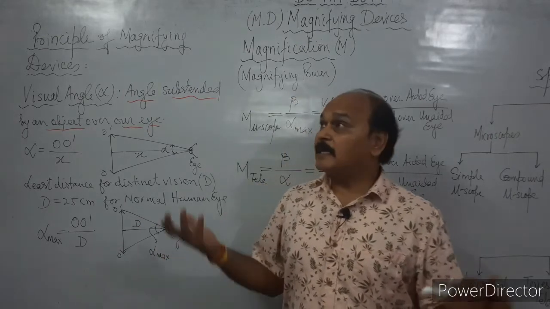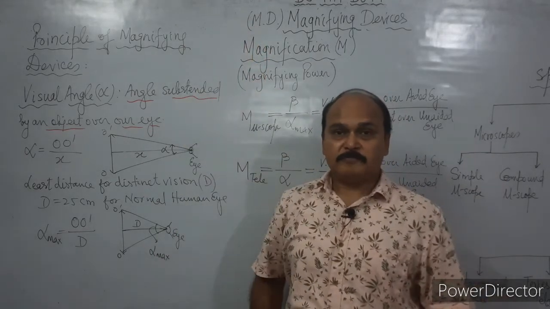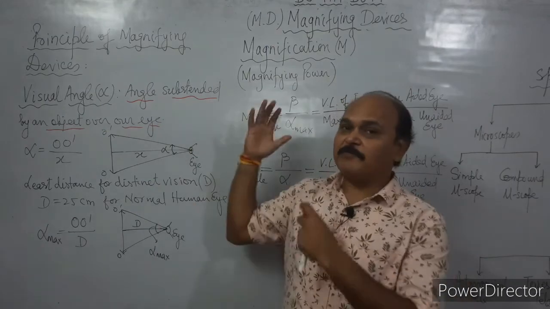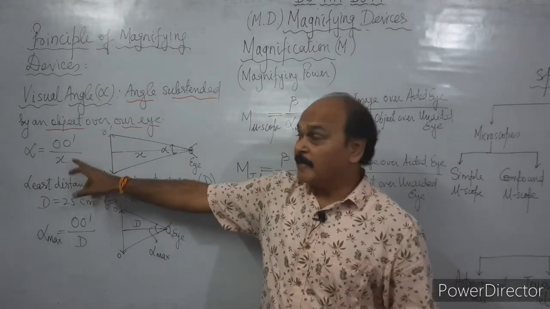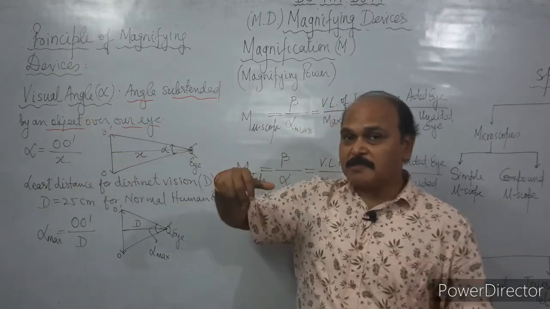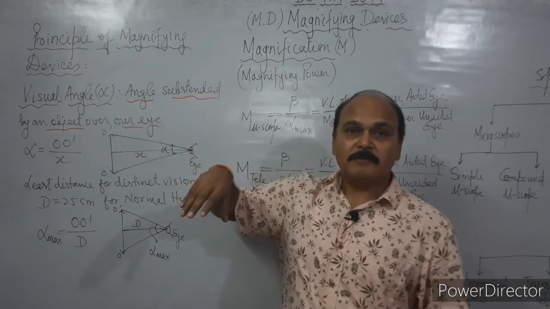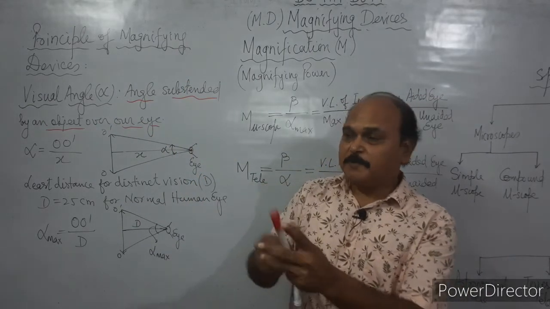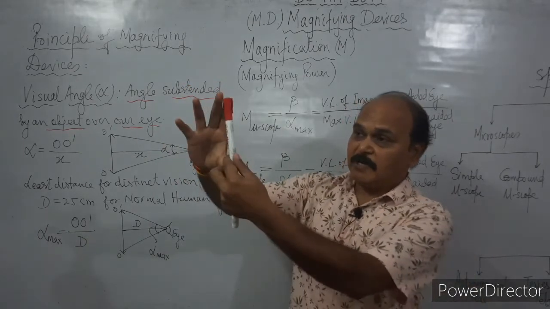Stars, suns, and various other heavenly objects, they are huge. But since they are very far away from us, their alpha is small. So an object appears smaller to us simply because its visual angle is small. Like this pen. This pen is very close to our eye. If the pen is kept here, the visual angle it makes is what?